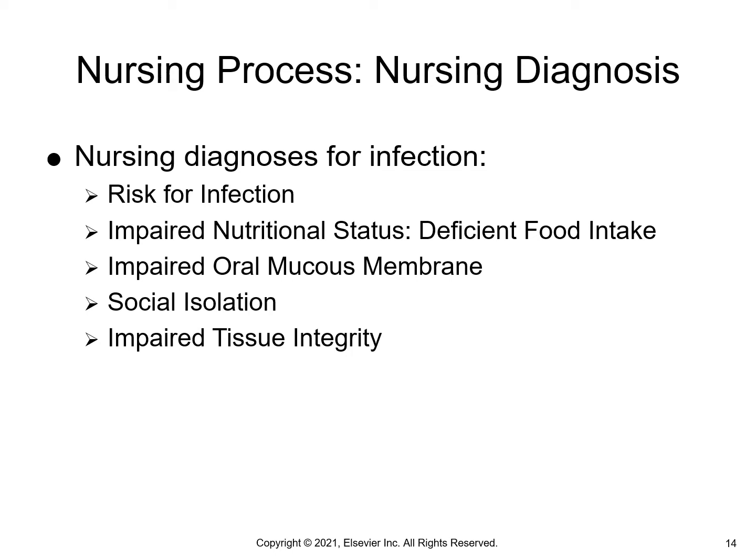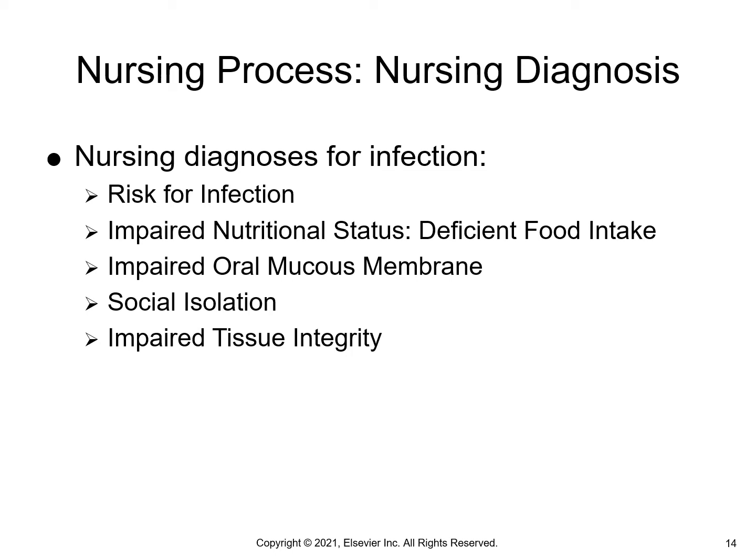We talked about nutritional status. It's always worse when you have deficient nutritional status. If you have impaired mucous membranes, whether oral or anywhere, then you have a more favorable route for entry of the organism. Social isolation is a side effect of transmission-based isolations.